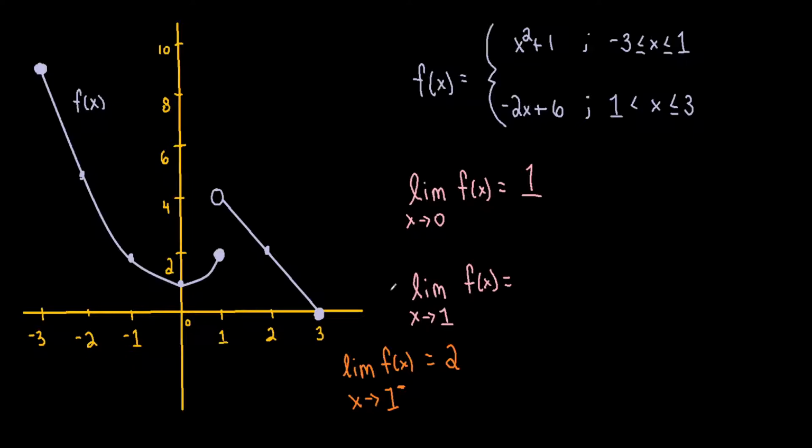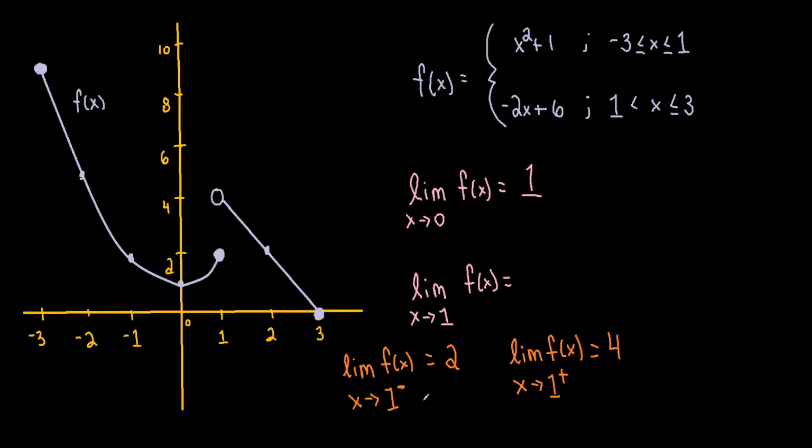And as x approaches 1 from the right-hand side, the f of x is closer and closer to 4. So we can say that the limit of the function as x approaches 1 from the right-hand side, which we denote with a positive sign since we're coming from the positive side of x, is equal to 4.